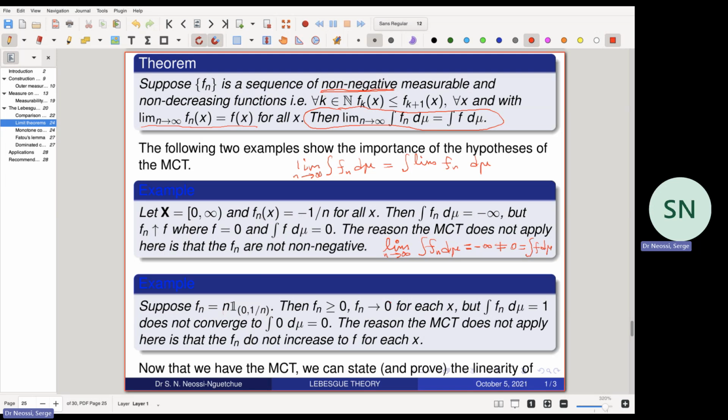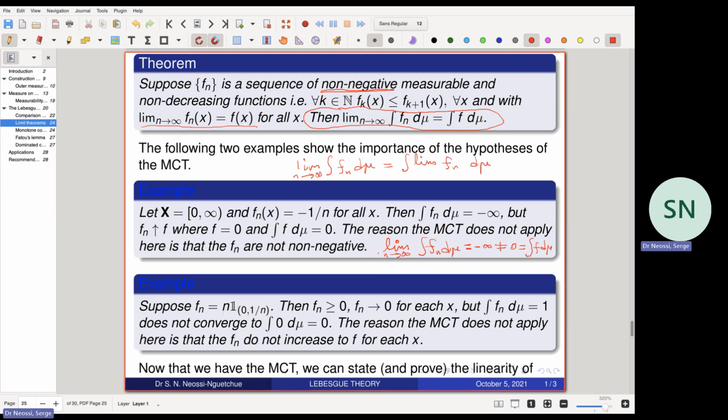So 0 is the limit. But are these functions increasing towards 0? No, they are not. So in that case, are we expecting the result to hold? Can we claim that we can take the limit under the integral sign?